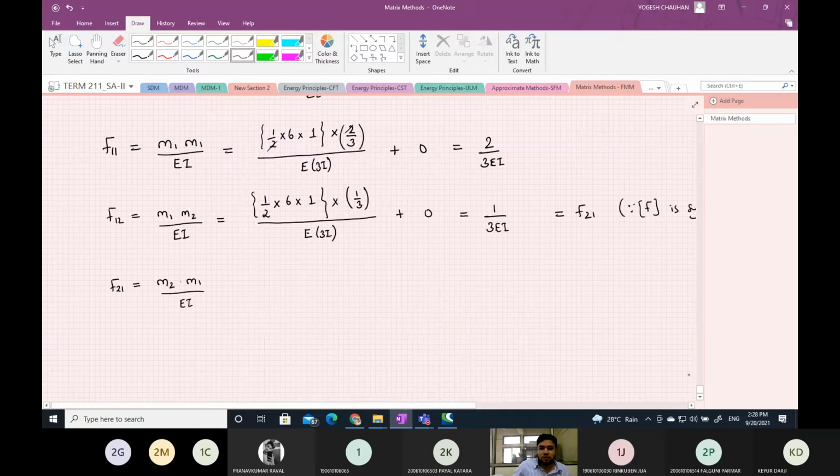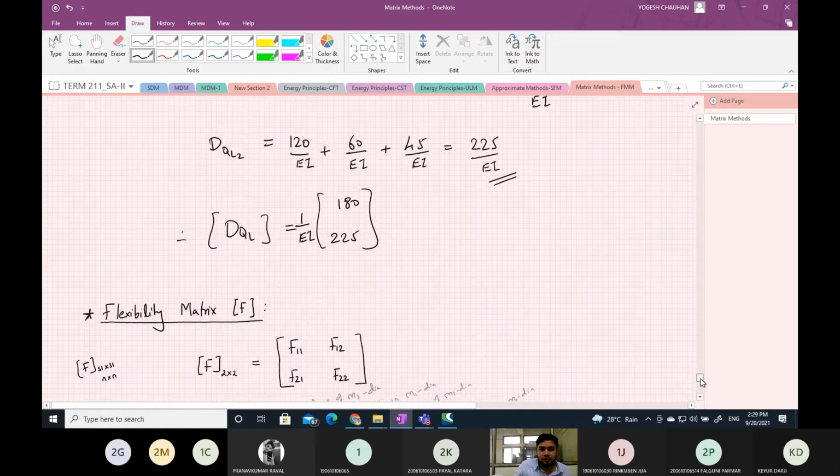So your matrix will be, you have to take the area of M2 diagram. So first triangle, let us take the first triangle.